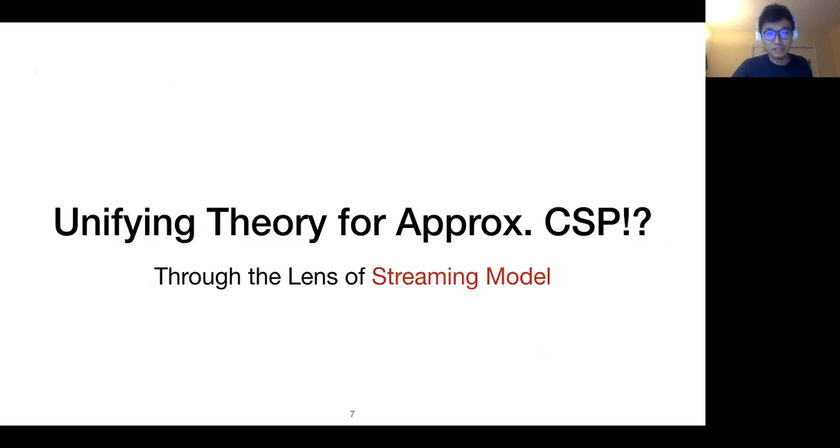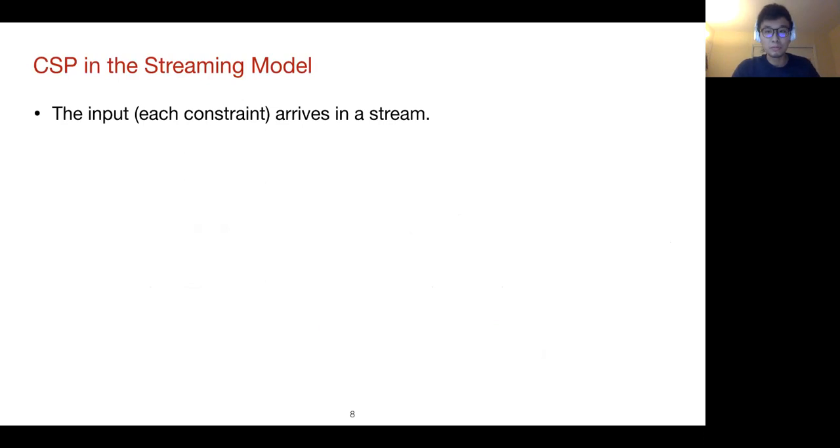Okay, but in this work, we are interested in having a unifying theory for approximating CSP through the lens of the streaming model, which will provide unconditional hardness. So what's CSP in the streaming model? Because in the streaming model, we have much more limited space, the input arrives in a stream.